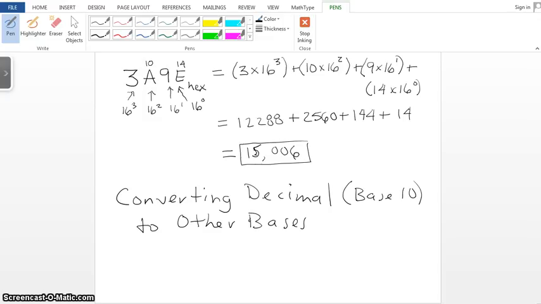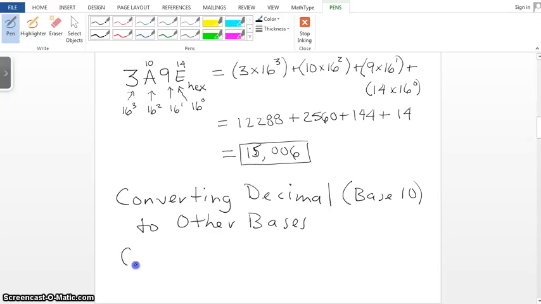Those are the normal ones, but it's the exact same thing if you use a base of 7 or a base of 5. You do it the exact same way. You could use any number really for your base. Okay, so let's look at a decimal number.